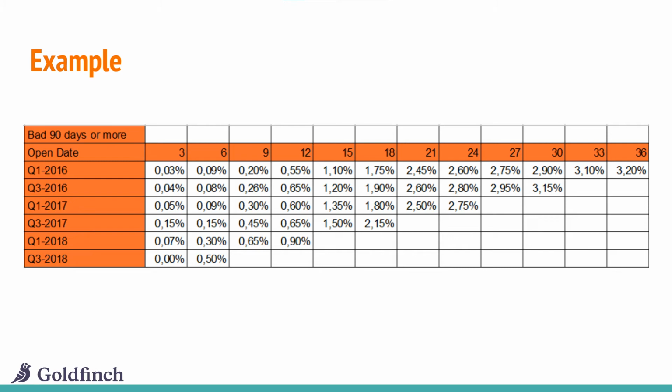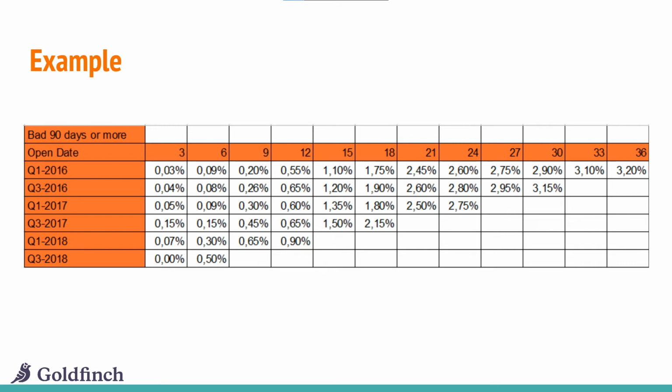The next step is to calculate the cumulative percent of bad customers, or cumulative charge-off rate, against months on book, which is the number of months that have completed since the loan origination date. The data shows that 0.55% of customers who opened their account in first quarter of 2016 were 90 days past due after the first year.